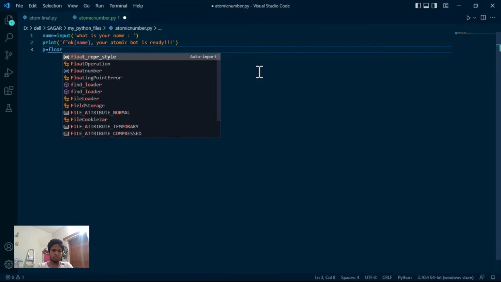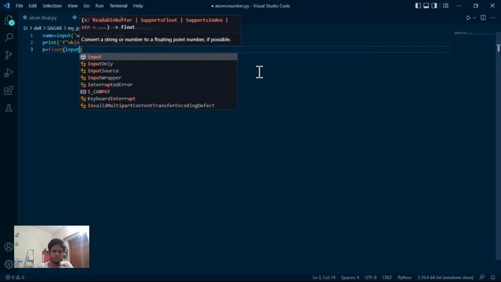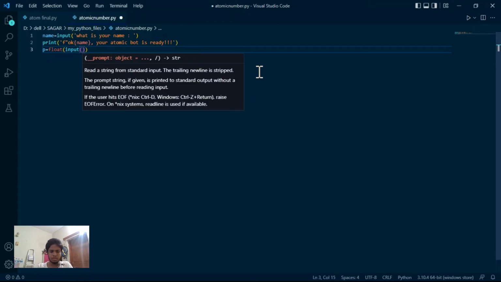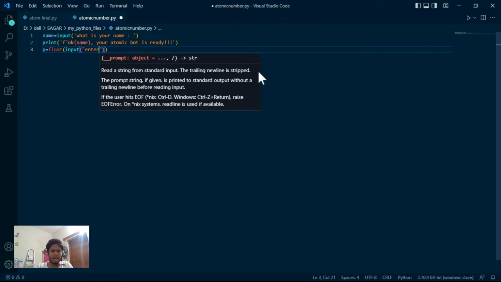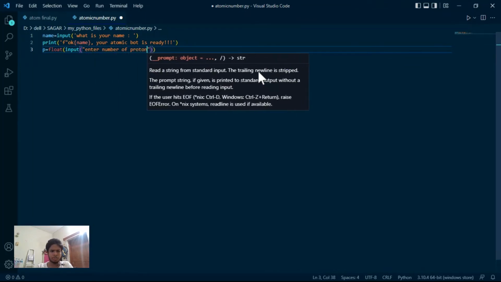Then float input, enter number of protons.